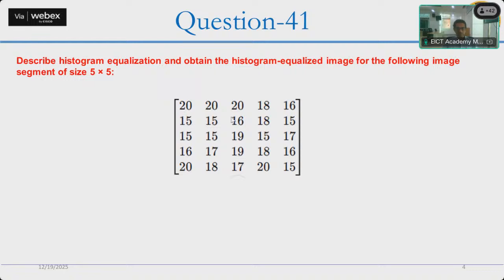What do you think? Is it 3, 4, 5? 4 bits? If it is 4 bits, then it is 16, 2 raised to the power 4 equal to 16. But 18 is also here. 18 is there, 19 is there.